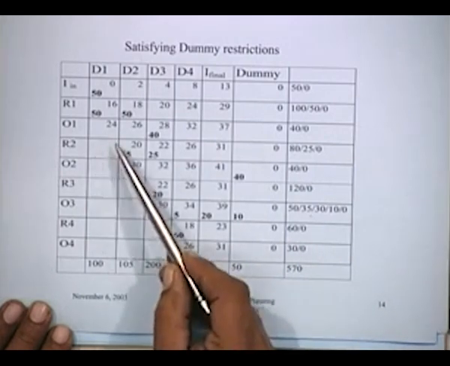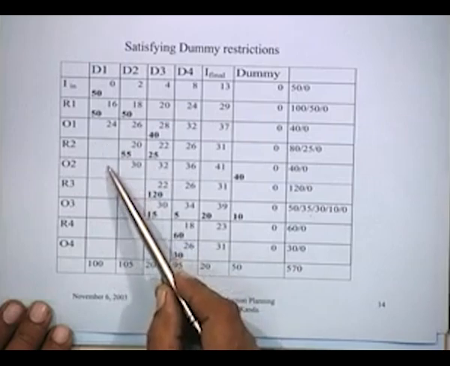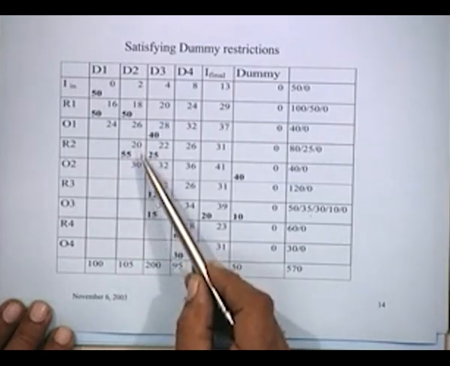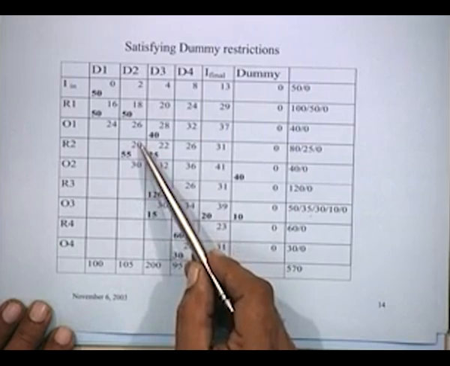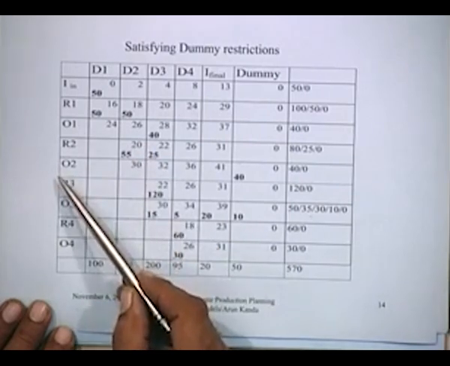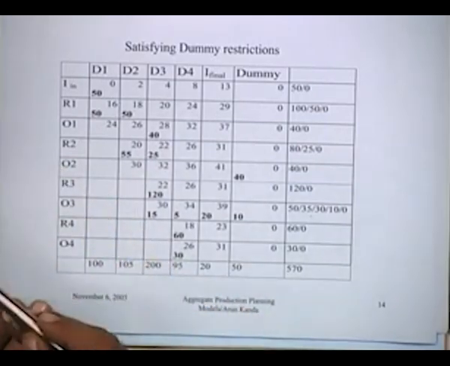It means that in this box here, you can have an entry or cost. Why? Because you can produce in the second period and use the production of the second period to satisfy the demand in the first period, because there is a shortage in the first period and there is a cost of back ordering in the first period.